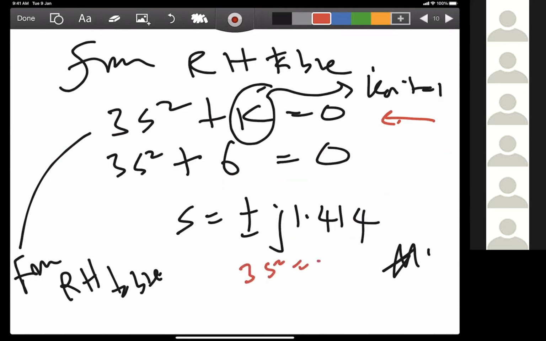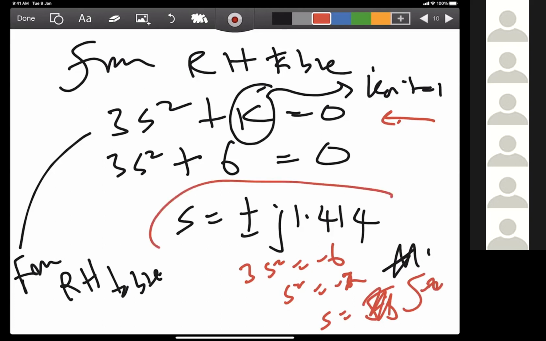Then you take the square root of minus 2. It is imaginary. This is basic, Brother Abdul. Are you clear? Okay.